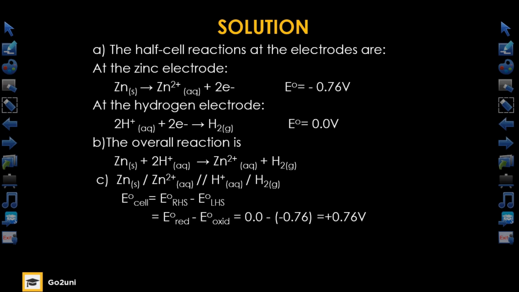So it tells us that the zinc is simply losing electrons, which made it to be the oxidation half cell reaction. So this is the relationship between a given metal ion system and SHE.